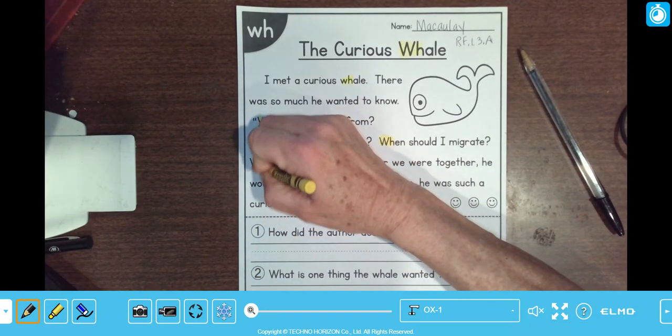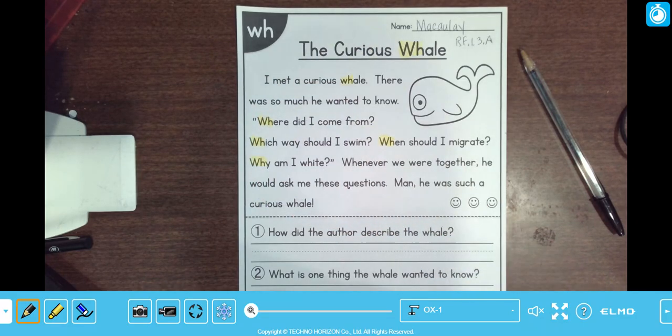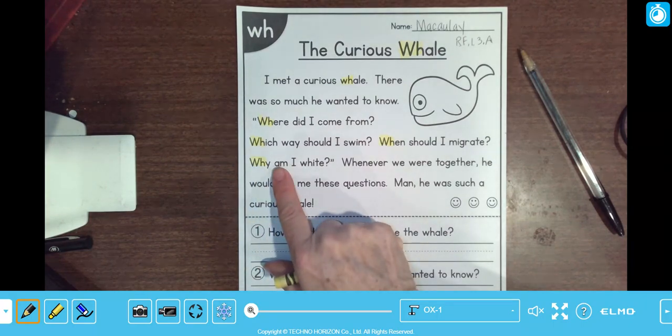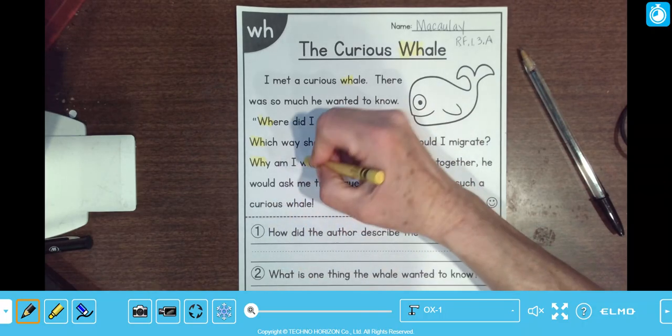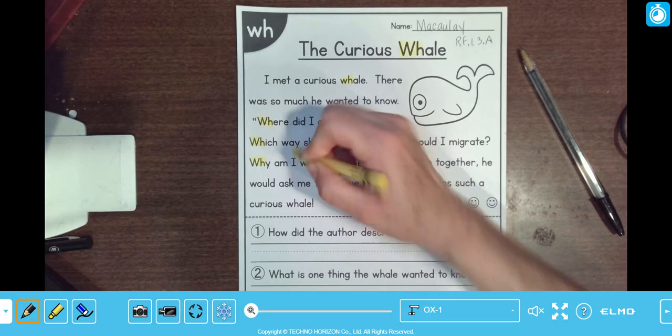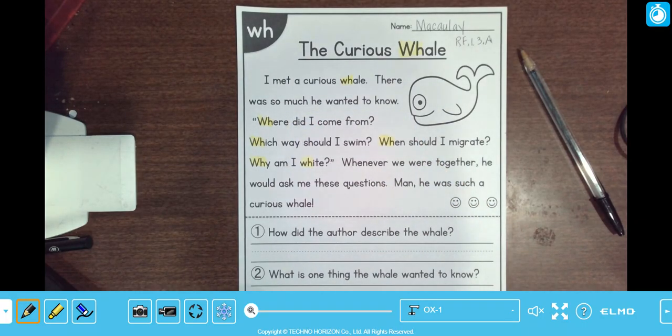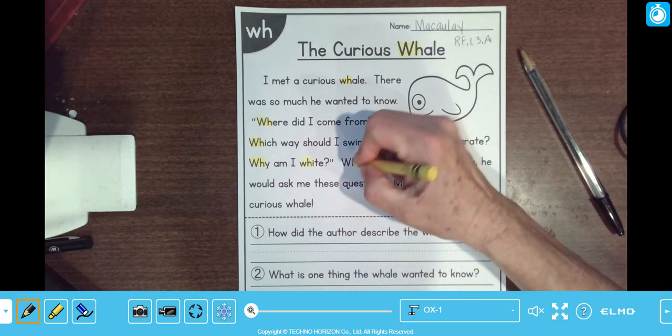Let's color it in. Okay. Look, there's one right there. Let's color that in. So remember, if I'm going too fast, just pause the video. Look, there's another one right there at the beginning of whenever.